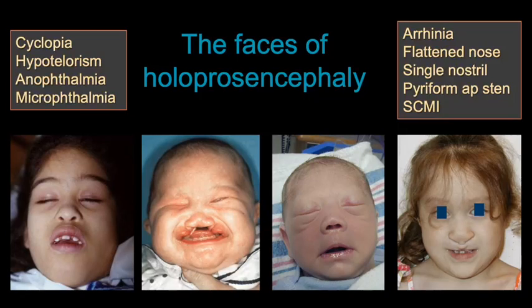And these anomalies can be associated then with a single solitary central mega incisor tooth, which is characteristic. If you see piriform aperture stenosis and the dental anomaly, look upstream for holoprosencephaly, but it's not invariably present. Conversely, if you see holoprosencephaly, look south for maxillofacial abnormalities.